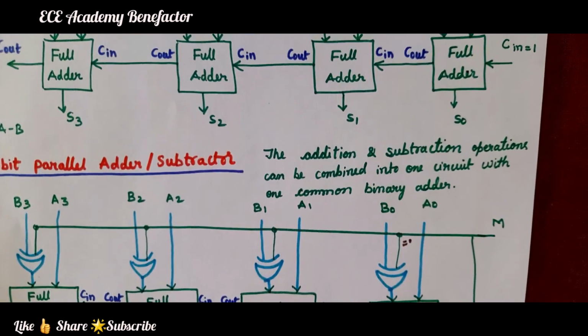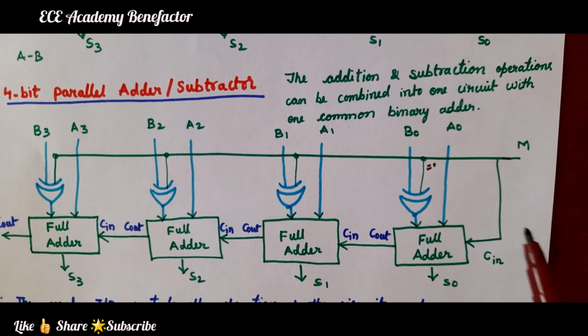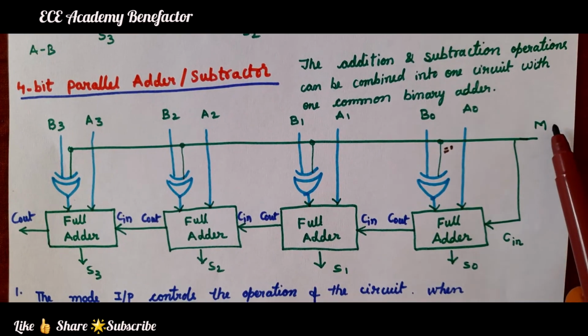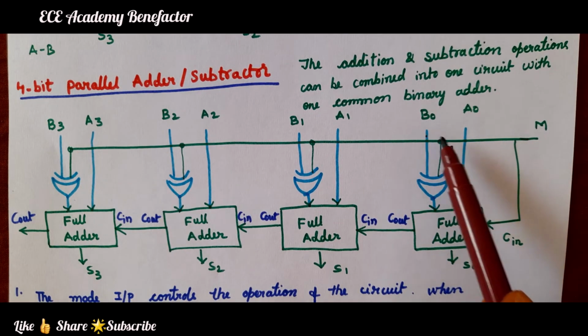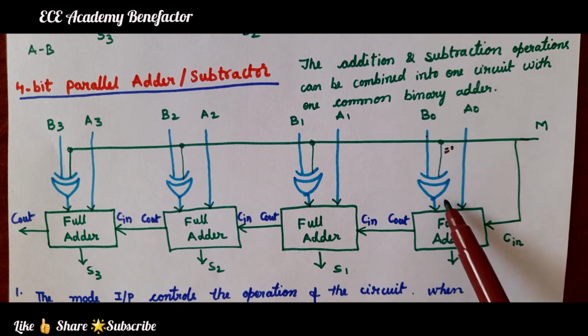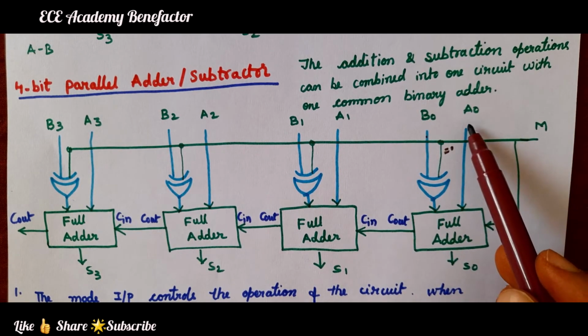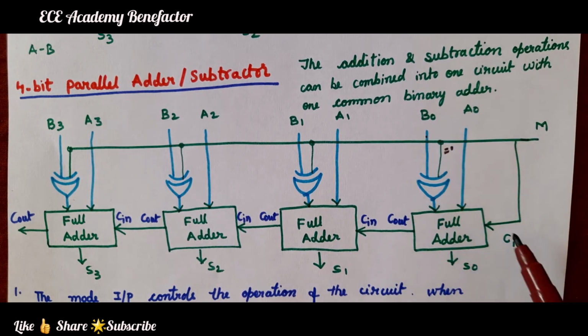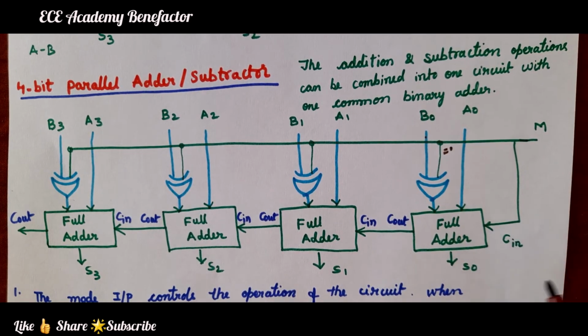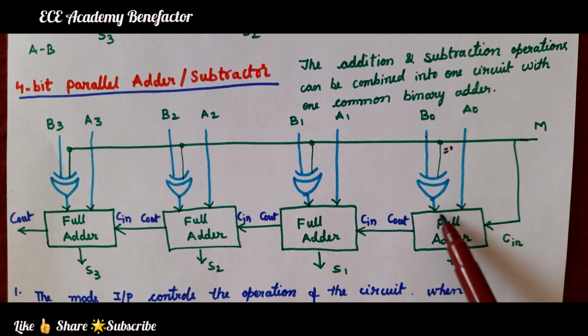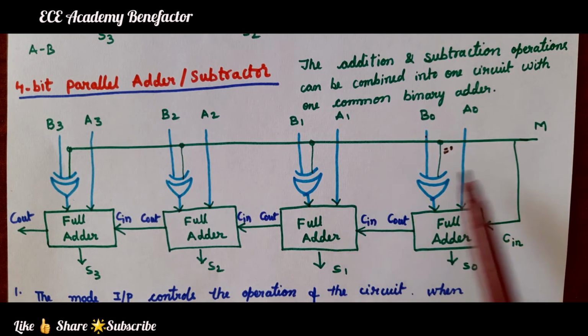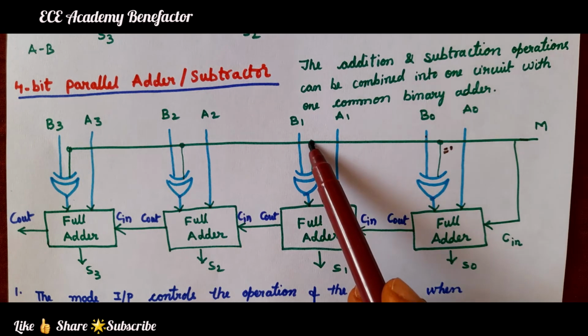Okay. So, here the mode input is 0 now. So, B XOR 0, what will it come as here? B0. It will come as B0. So, here the inputs are A0, B0, and carry input 0. Okay. So, what will it do? It will act as an adder circuit. So, here the M input is given.